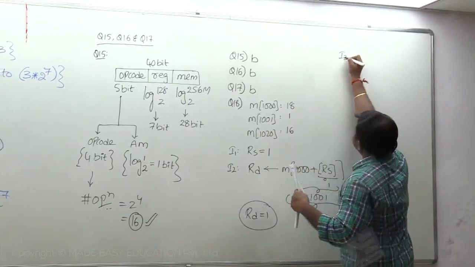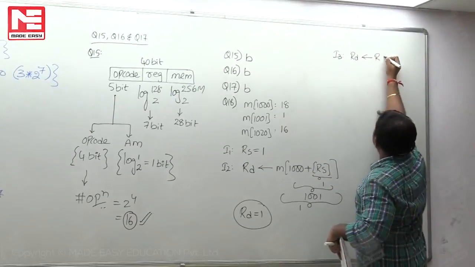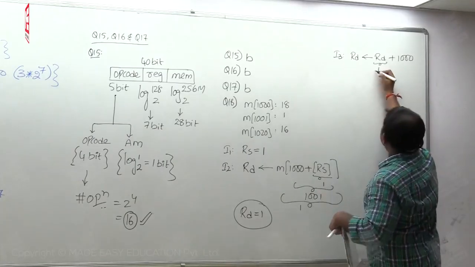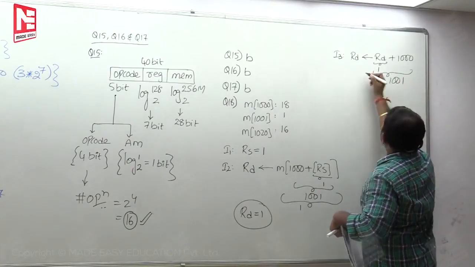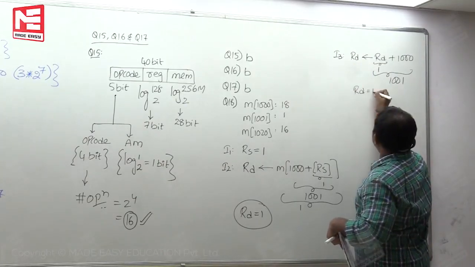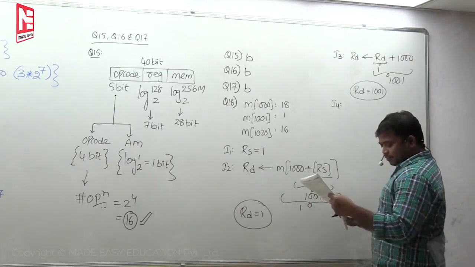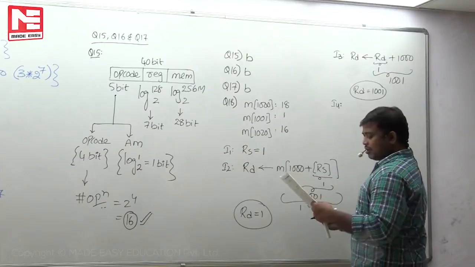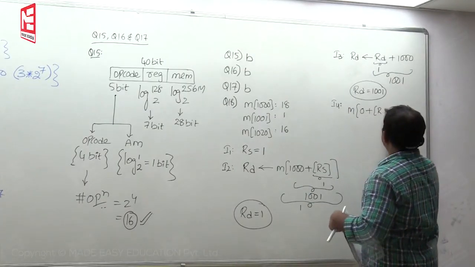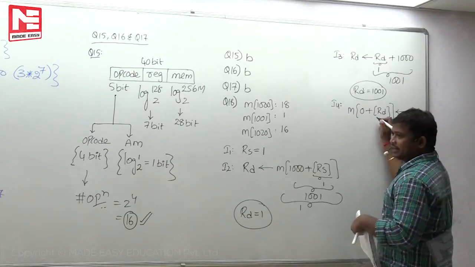Now I3. Add immediate. So RD loaded with RD plus 1000. 1000 is a constant. RD contain 1. Adding 1001. Now this RD is 1001. Okay. Now I4. In the I4, store 20 at 0 of RD. That means memory content of 0 plus RD is updated with 20. 20 is a constant updating into the memory.